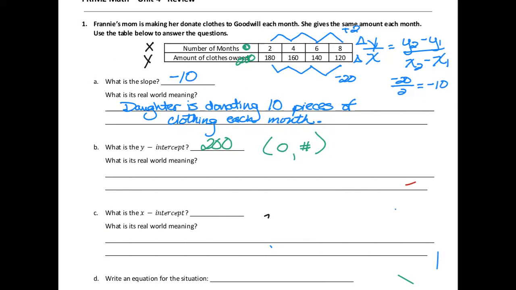What does that mean in the real world? Yes, and use your labels. If you write this as an ordered pair, like 0, 200, use your labels to help you. So at 0 number of months, she had 200 pieces of clothing.